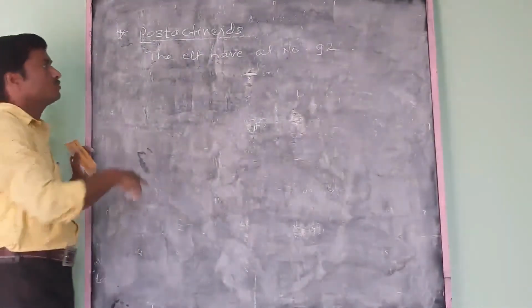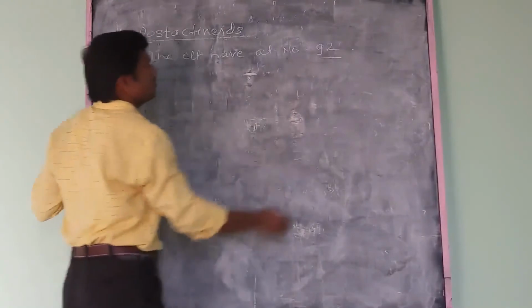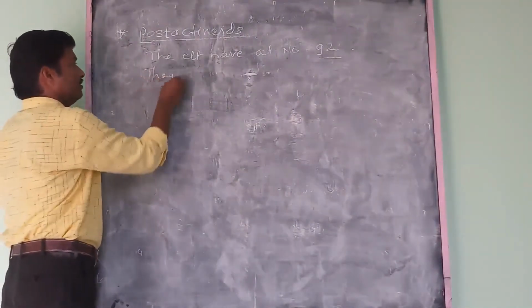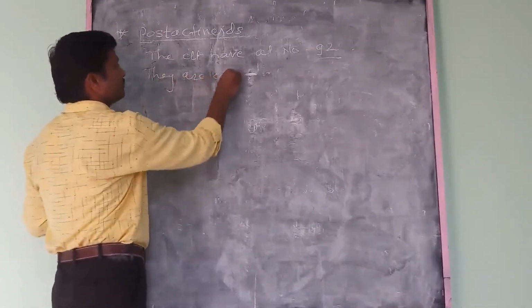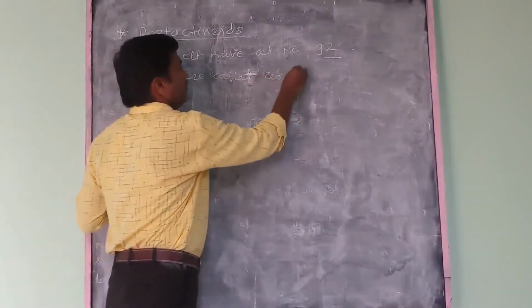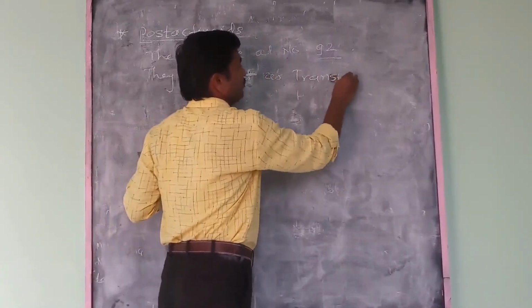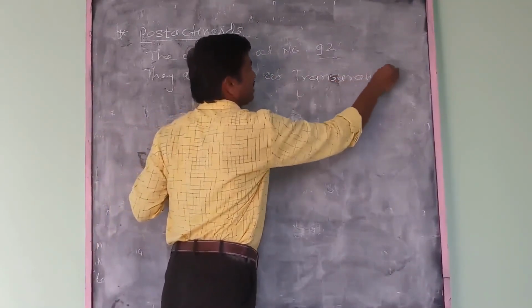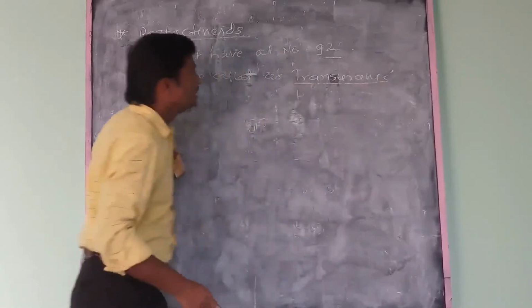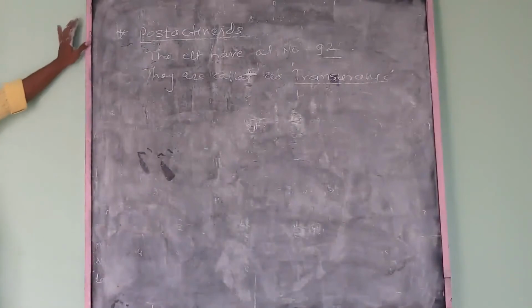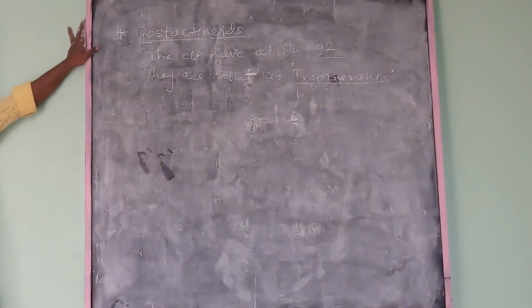Those elements having atomic number greater than 92 are called transuranic elements.